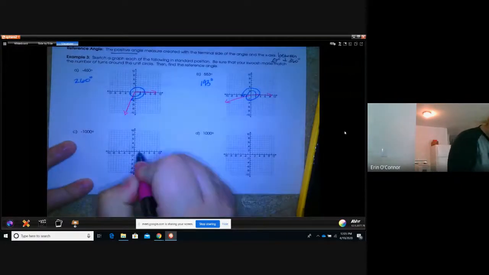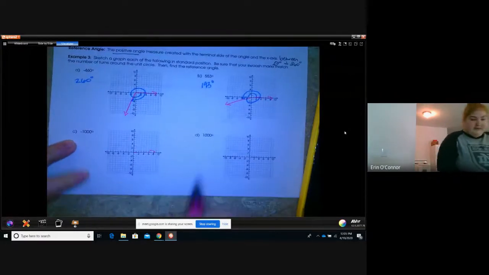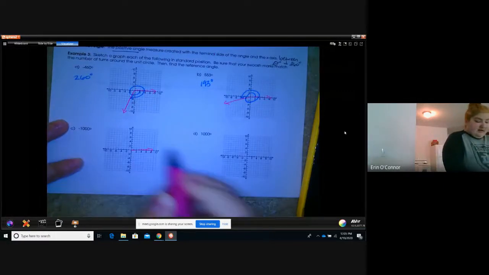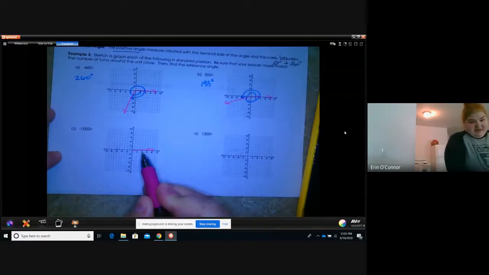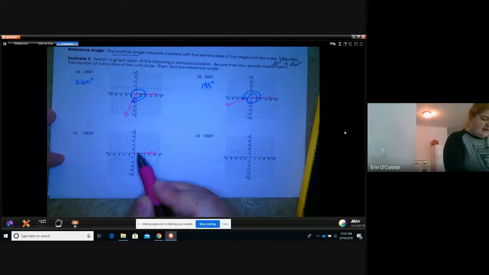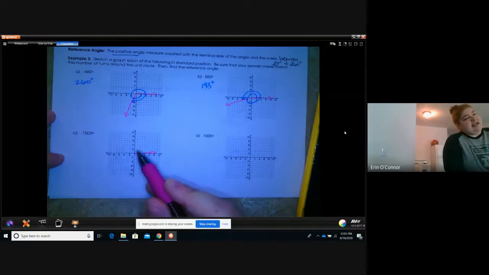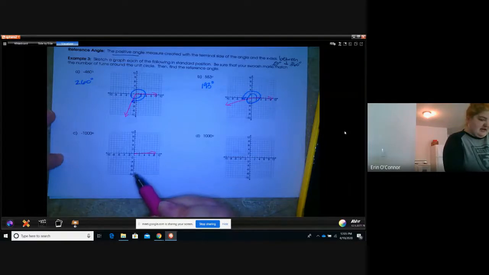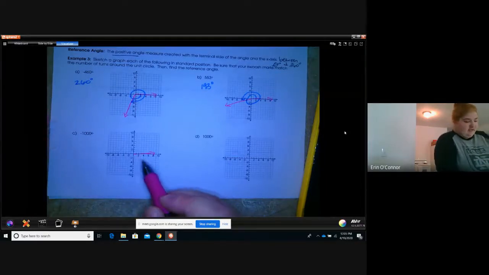So let's start here. Sometimes you're going to be able to really get used to doing this in your head. So negative 360. And if you know anything about snowboarding or skateboarding, this really helps here because then 2 turns around is negative 720. And then 3 turns around is 1080, so that's a little bit too far.